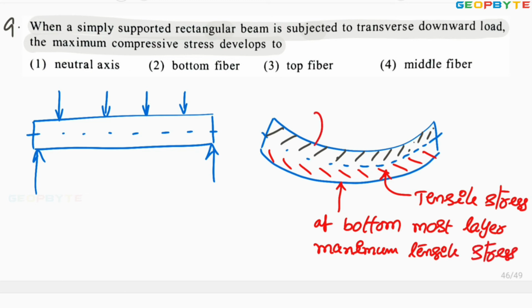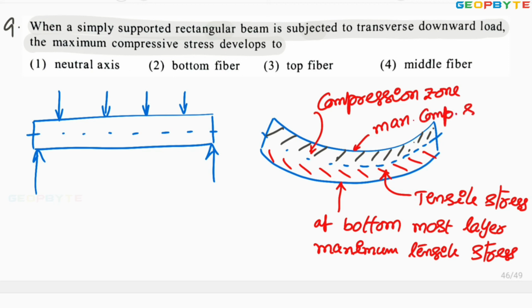Similarly, this is the compression zone. Maximum compressive stress is developed at the uppermost layer. This is the layer where the maximum compressive stress is developed.